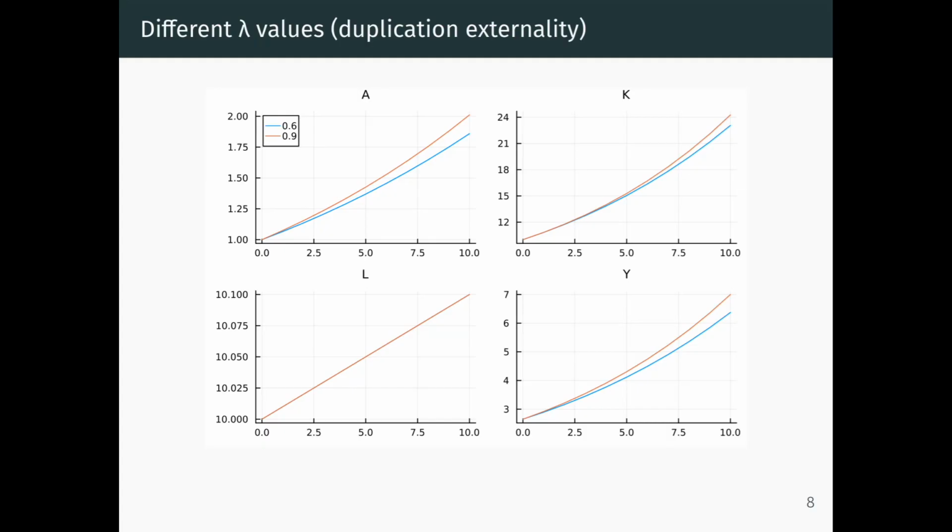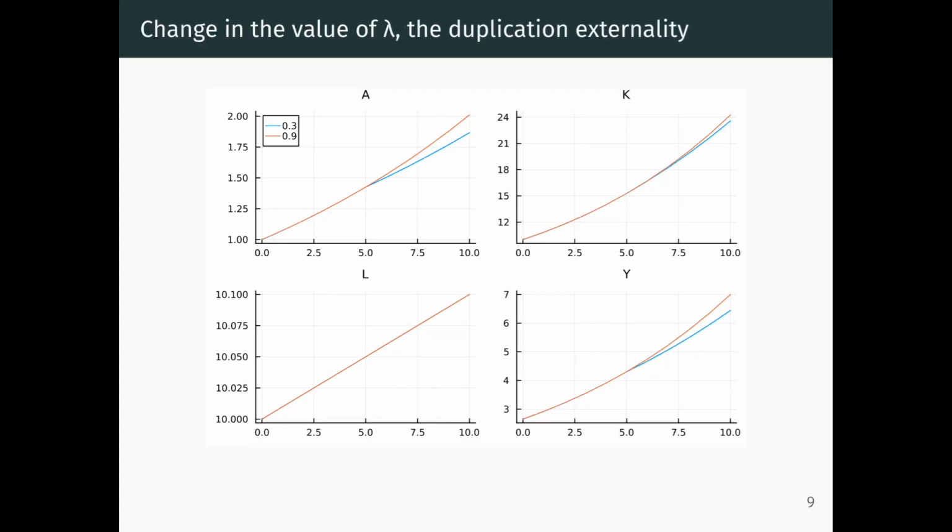And the higher stock of technology also means that the workers can produce more, and total output is higher. And with a total output and again having this constant rate of saving, we see that the capital stock also builds up faster compared to the scenario where we set lambda to a value of 0.6.